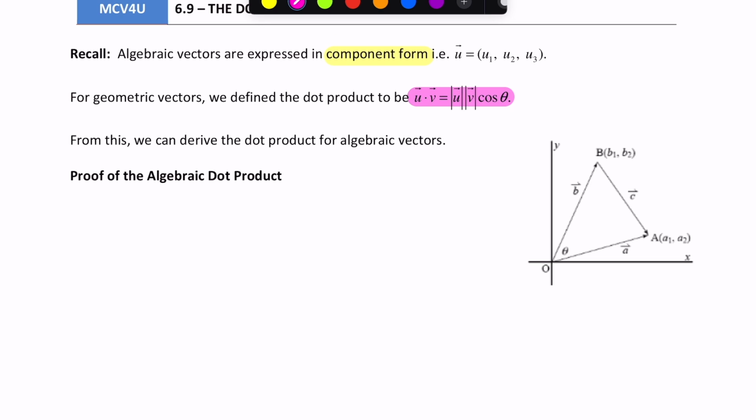Here, in the diagram on the right, we see that we have vector b, vector a, and vector c.